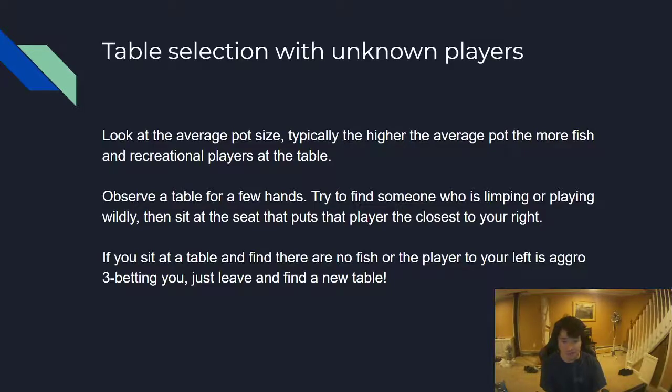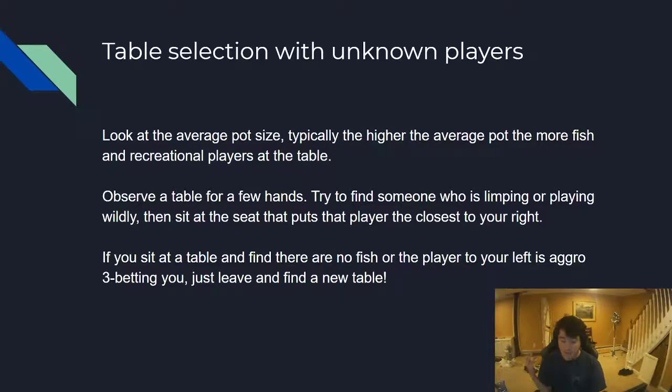Another really good tip, if your site allows it, and I know Stars certainly does, is just to observe a table for a few hands with unknown players. Your PokerTracker might already kick in and start gathering data on these players, and you can try to find someone who's limping or playing wildly and then snipe the seat directly to their left so that you can have position on them and do all the good stuff we just talked about with position.